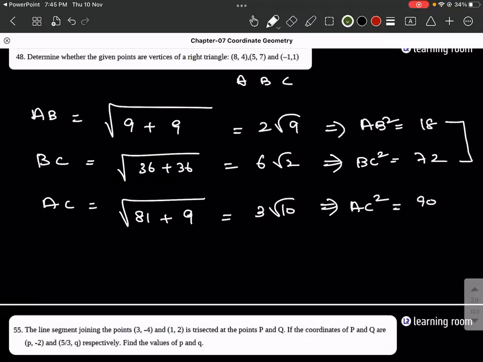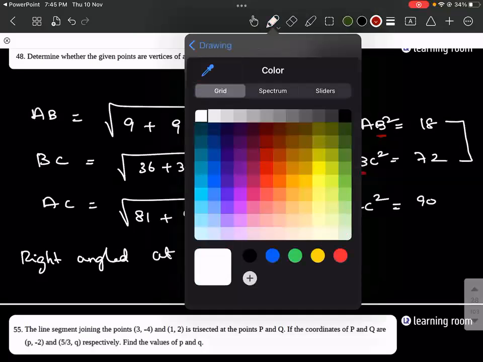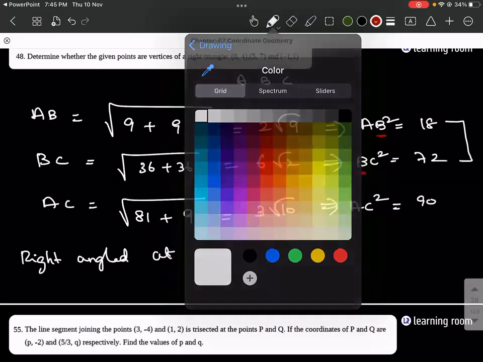Right. So where is it right angled? It's right angled at, you have to tell the point. At B, sir. At B, because B is the point common to AB square and BC square. It is right angled at B.